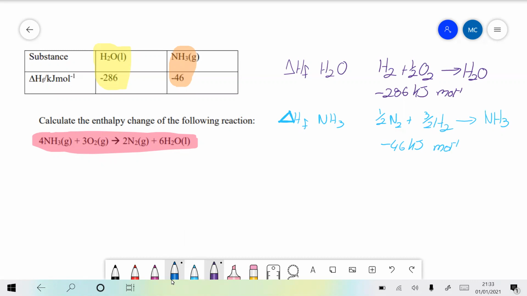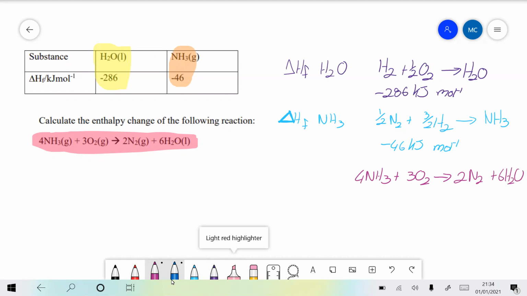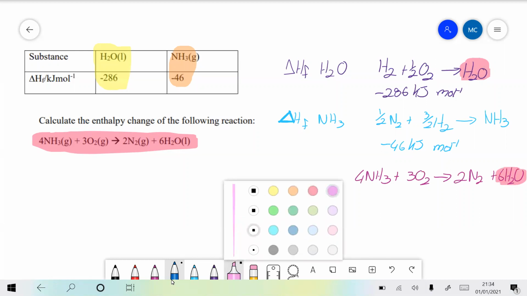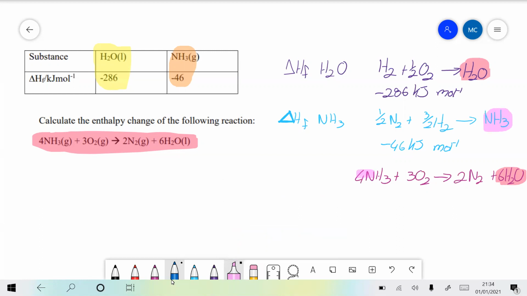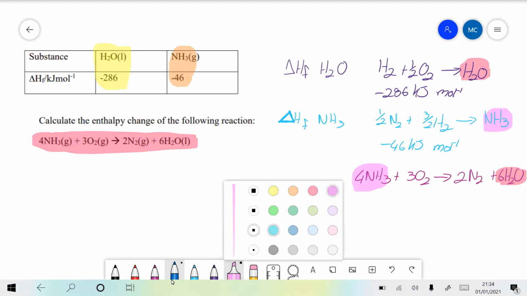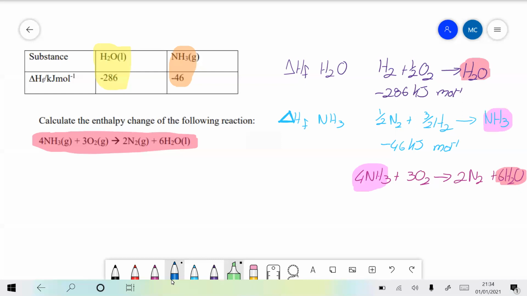And then the last reaction is our unknown, and this was 4NH3 plus 3O2 to give 2N2 plus 6H2O. I love to balance the equations here. So that's the waters. I'm going to mark all of these first. For NH3, we're going to make sure that they are all coupled together.